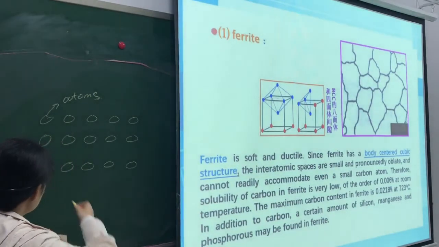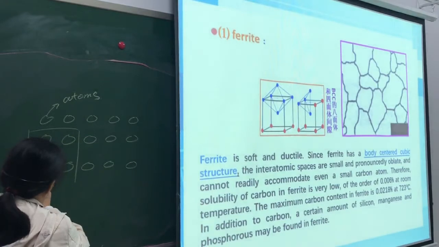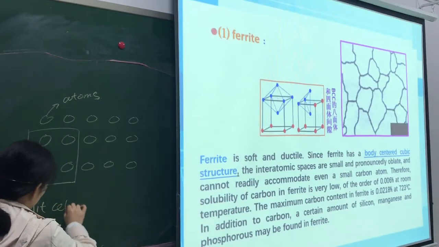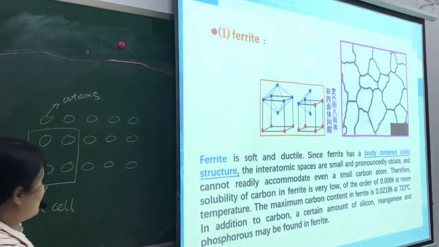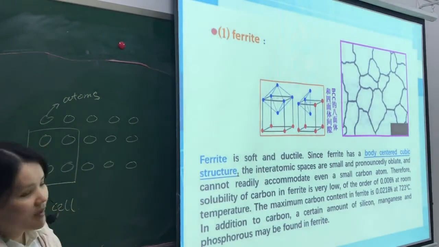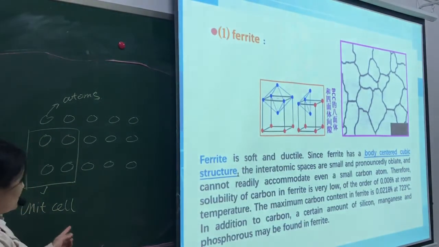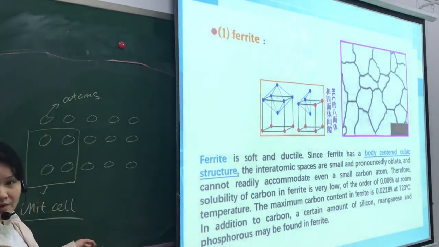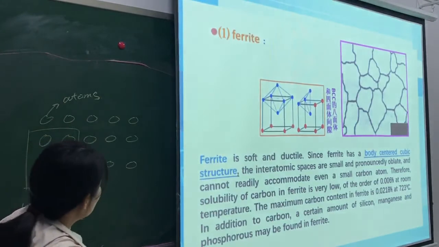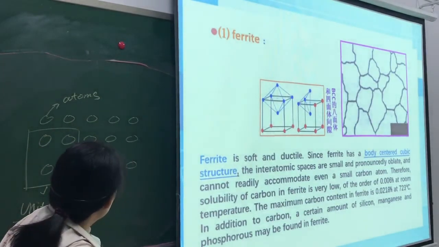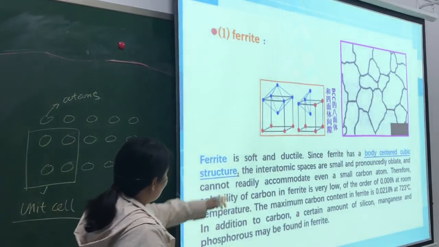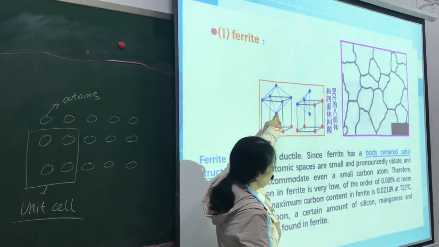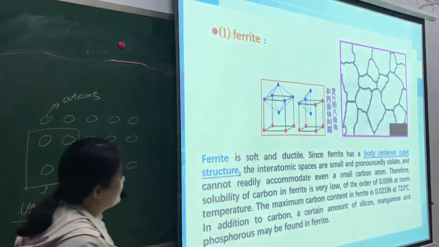We choose this unit cell, and the material can be regarded as the repeated arrangement of the unit cell. In ferrite, the atoms occupy the corners of the cell and the body center of the cell.